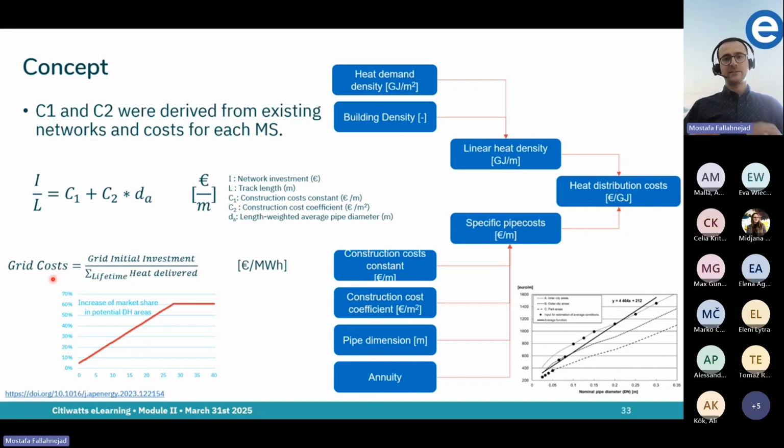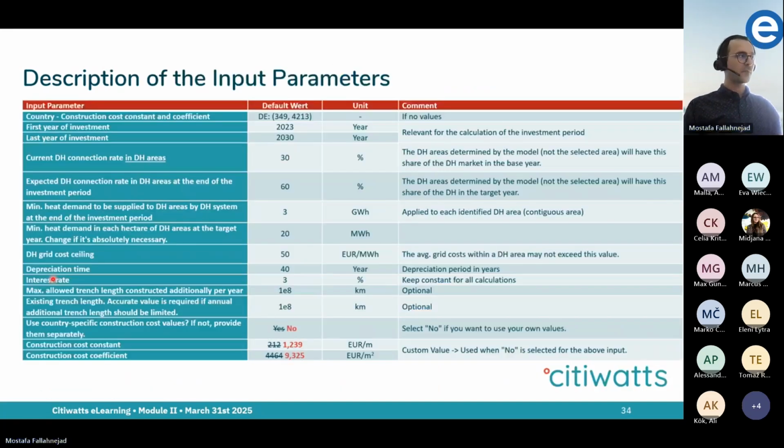So it's not that I have a starting point and expand around this starting point, but rather a uniform expansion in all places in the map. That's one assumption that we have for this calculation module and it should be considered for the analysis.